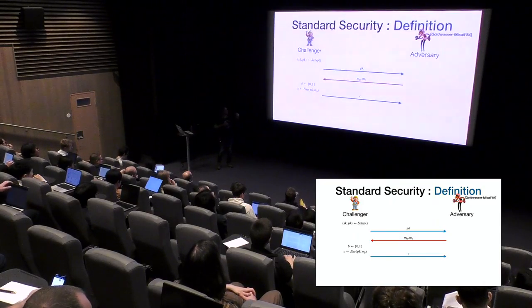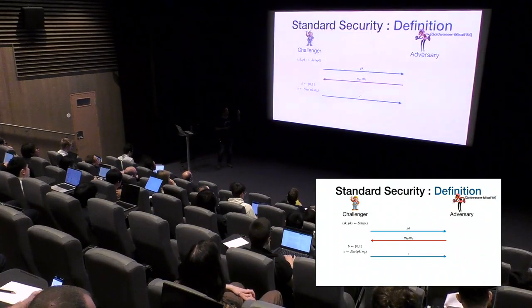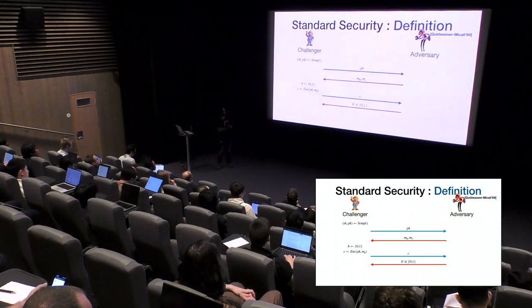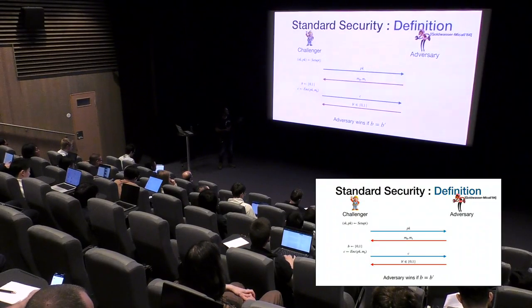The adversary analyzes all this data and makes a guess whether the ciphertext was an encryption of M0 or M1. It sends the bit B dash as its guess. We say the adversary wins if B is equal to B dash, and the scheme is secure if no efficient adversary can win this game with probability more than half plus negligible.